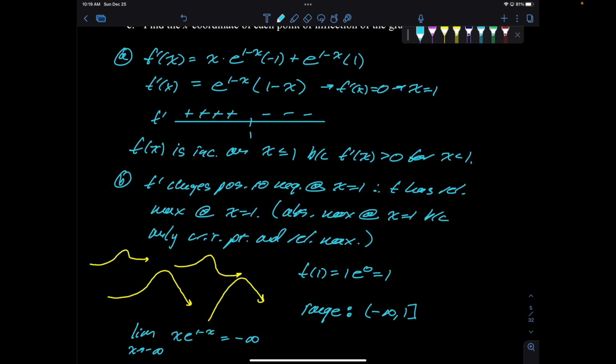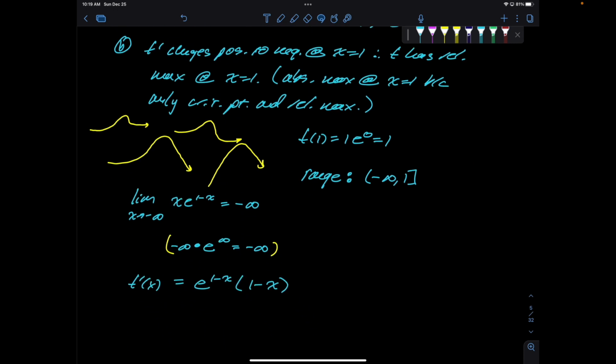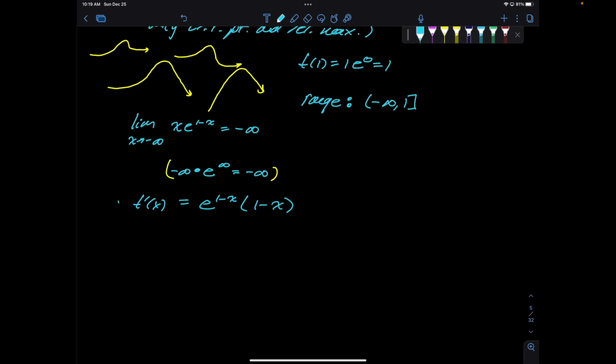So f prime, let's copy and paste. F prime, we got this. Super hinged upon having gotten that right, but I think I felt good about that. So this is f prime. So f double prime: first derivative of the second is -1, not negative x, plus second derivative of the first, which will be e to the 1 minus x times -1.